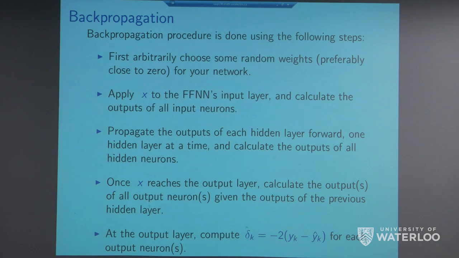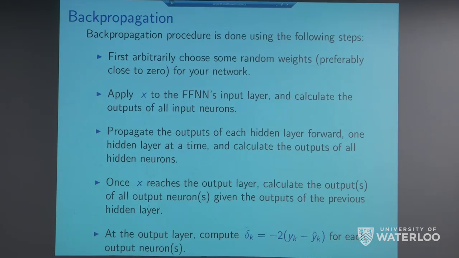I will give you the reason later on. That's for regularization and to avoid overfitting and problems. So you usually set some random weights close to 0, and then apply this vector x and compute all outputs. Basically, you have all A's, you have all Z's, and you have the output.